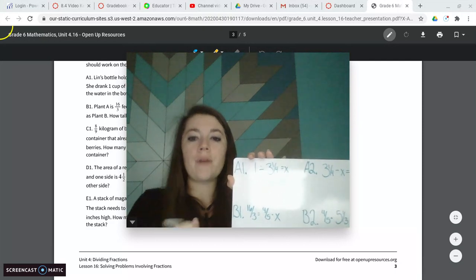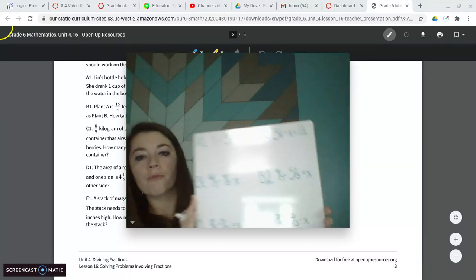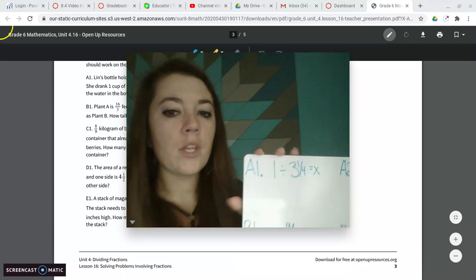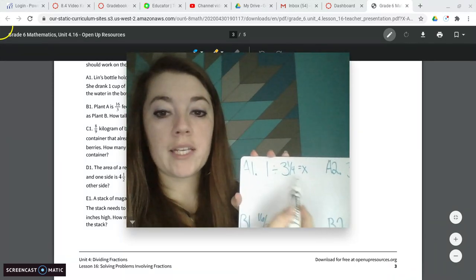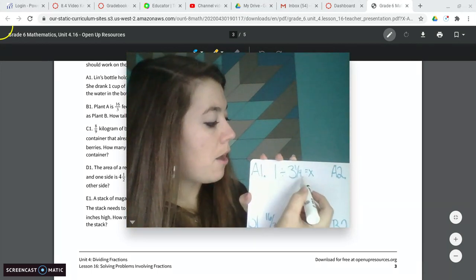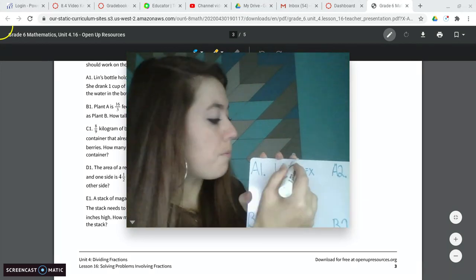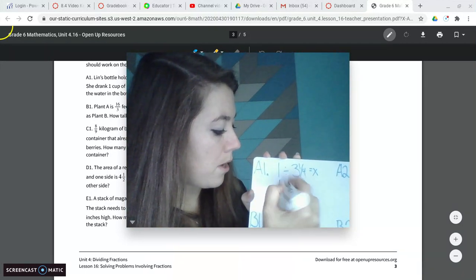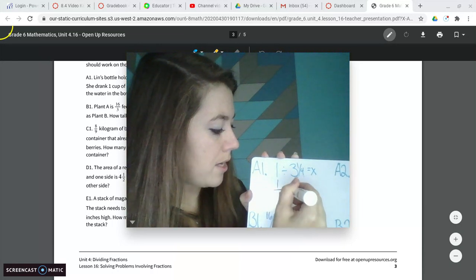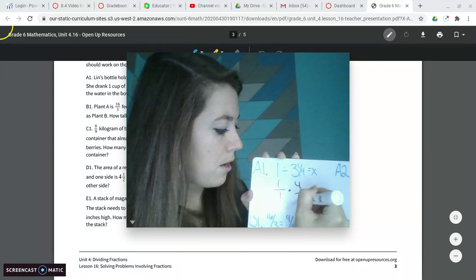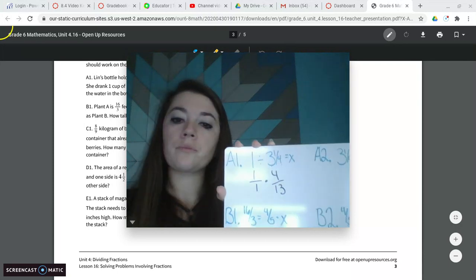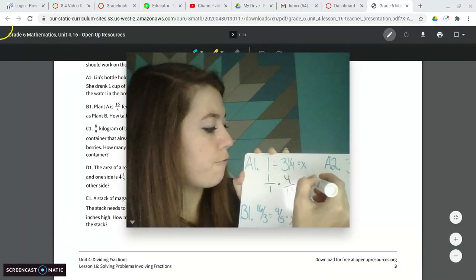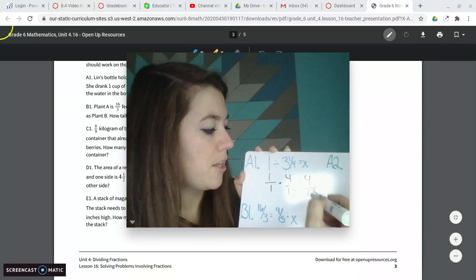Now we're going to solve and find out how much she ended up drinking. Remember, same times flip. We need to convert first though. 3 1/4: 4 times 3 is 12 plus 1 is 13, so we have 13/4, and this is 1 over 1 times 4 over 13, because remember, we flip our fraction. 1 times 4 is 4, 1 times 13 is 13.